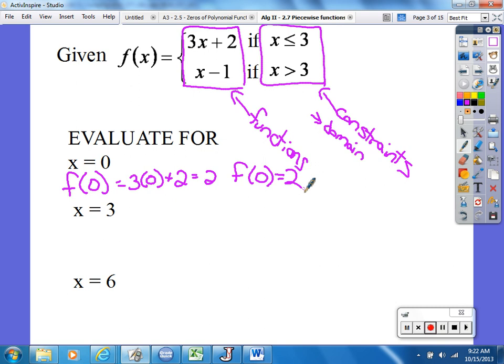Or plug in your number to that equation and find an answer for me. Evaluate. F of 3 equals.